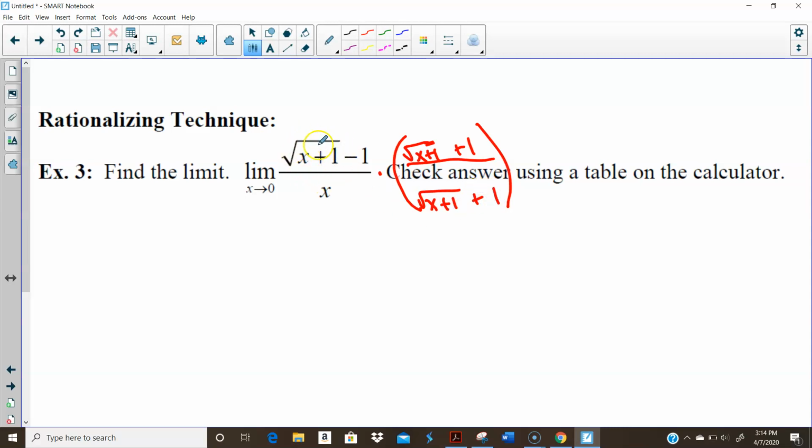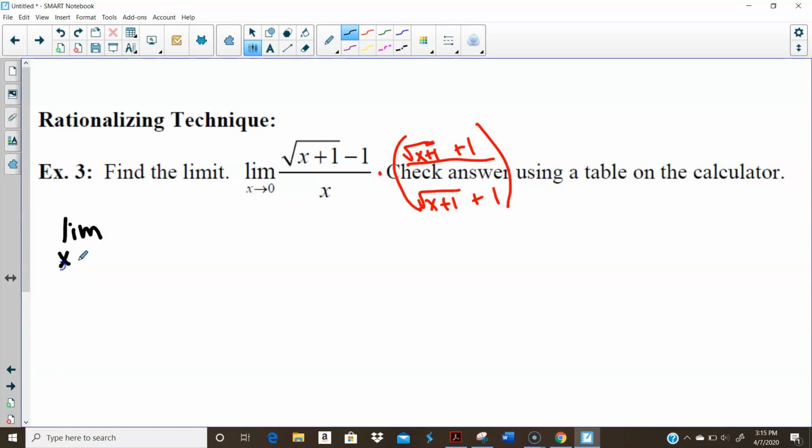Notice this is a minus b, and this would be a, same number, square root of x plus 1 plus b. All right, so when we multiply the top and bottom by the same thing, we're really just multiplying by 1. So let's go ahead and see what we have after we multiply that out.